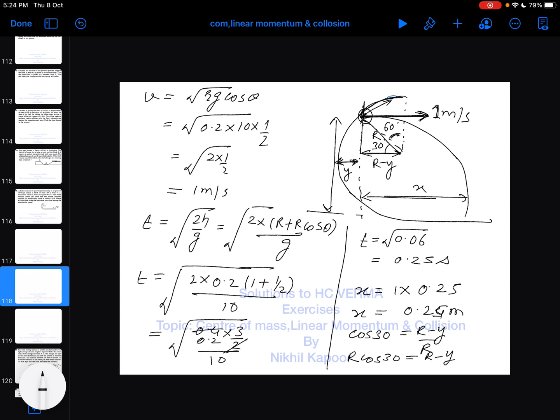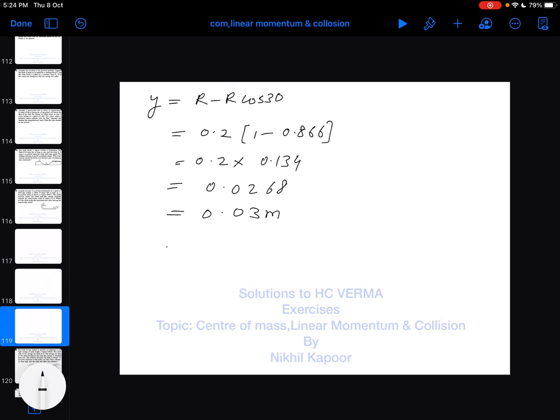So as this part is y, from where it will hit the ground, in that case I should add x and y, so that I can find the horizontal position from this location. So therefore the total distance where it will fall is 0.25 plus 0.03, so that comes out to be 0.28 meter.